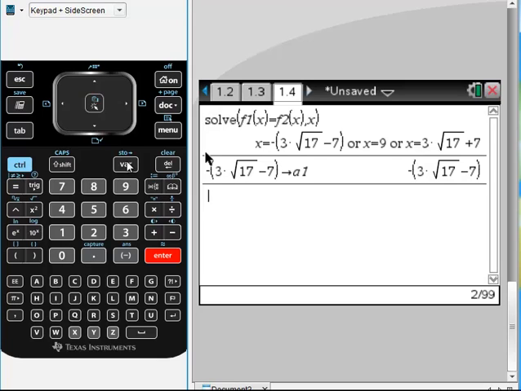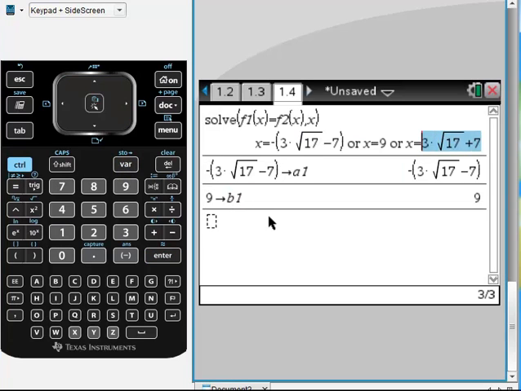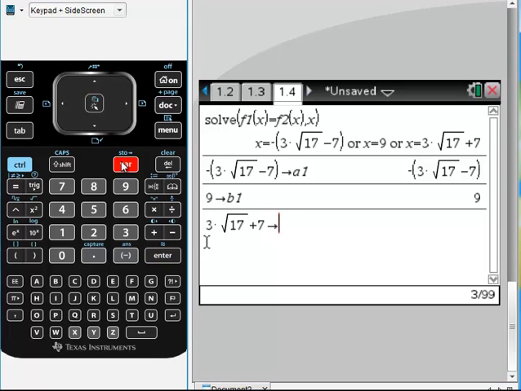And I repeat this with the other two numbers. Okay, so we successfully got the three limits of integration that we may very well need here.